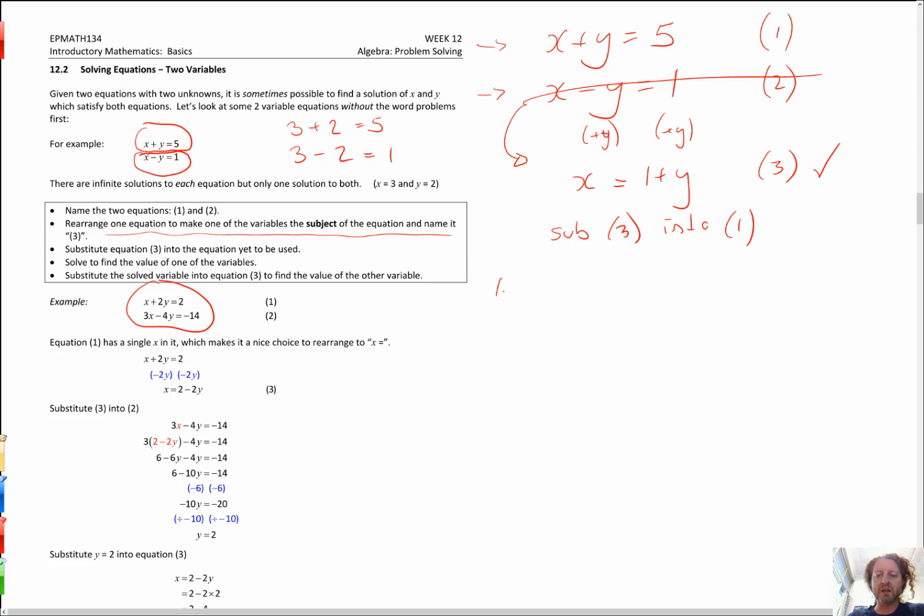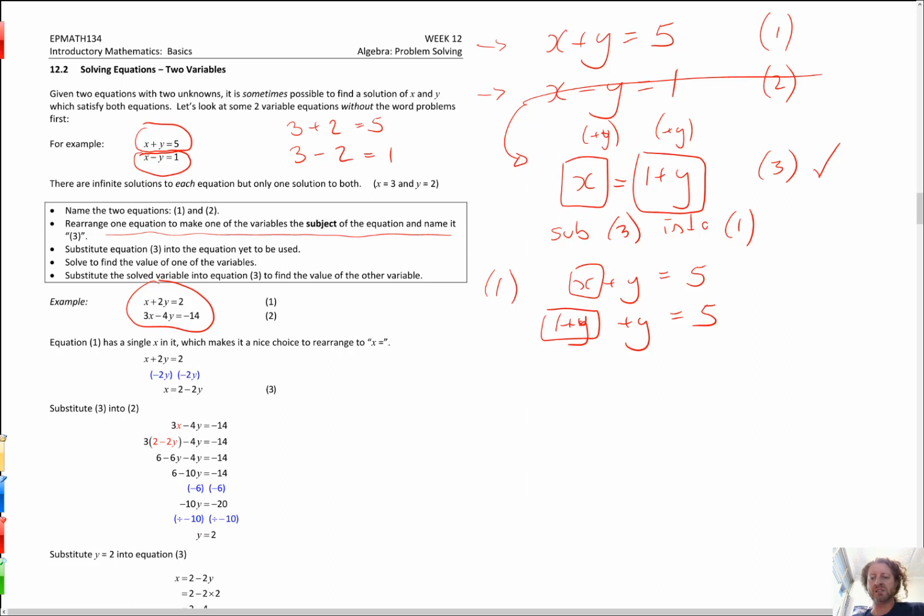Equation 1 had said x plus y equals 5. Equation 3 says that an x and a 1 plus y are exactly the same thing. So how do you substitute in? You look at this x and say this x here can be replaced with 1 plus y. If they're the same thing, well, there's equation 1, but instead of x, I've replaced x with a 1 plus y.